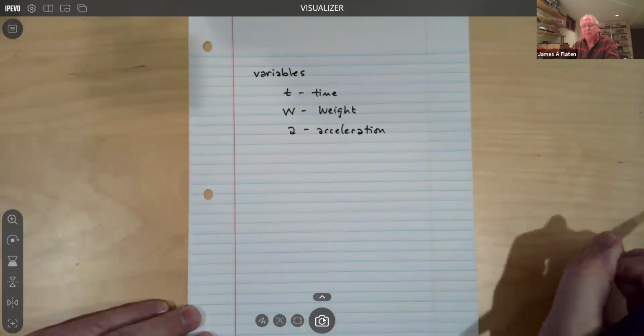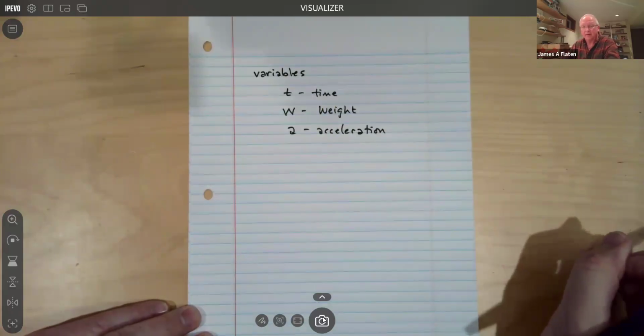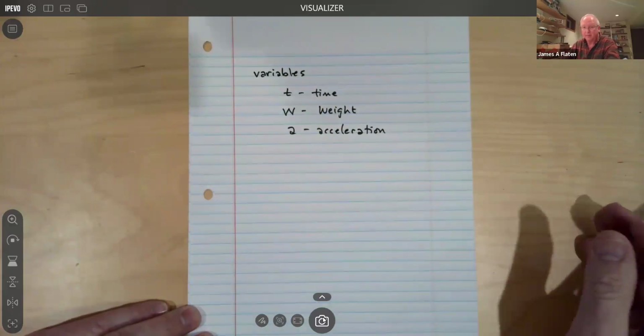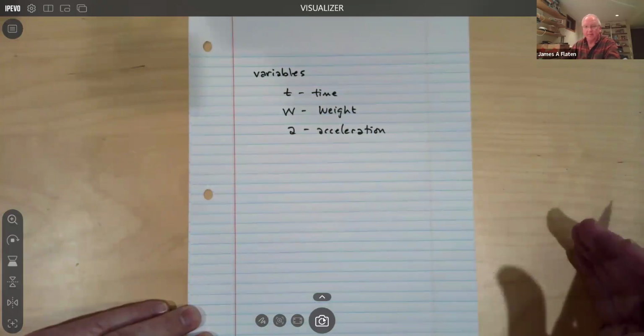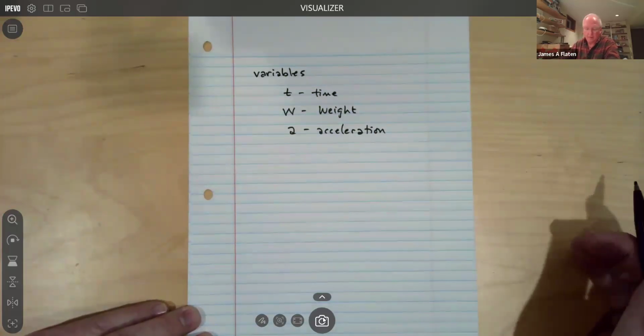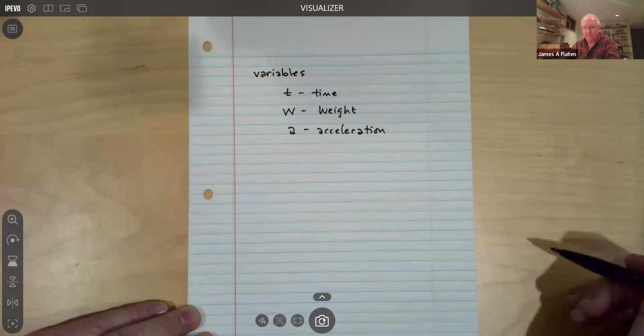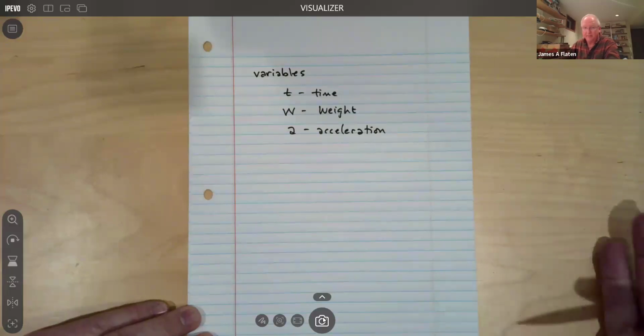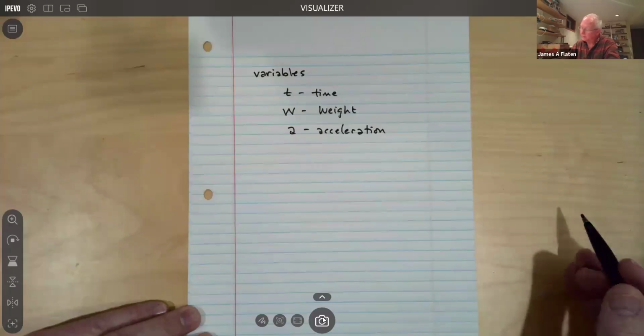So choose what letters are going to mean what, and sometimes a letter will refer to a variable, and sometimes a letter might refer to the unit that goes on some sort of a value. Okay, the nice thing about variables is that you can do math on variables just the same way you can do math on numbers.